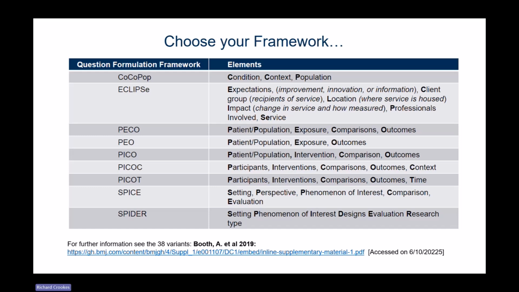PICO, of course, is a very common clinical framework. We've got PICOTS there, which the app also covers, and that features the time element or type of study. And there are others like SPICE and SPIDER. Some of these may be more non-clinical in nature, others are more clinically related, and some have application, of course, to behavioral science as well. Again, that's just a sampling of some of them.